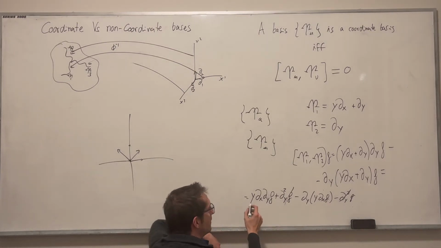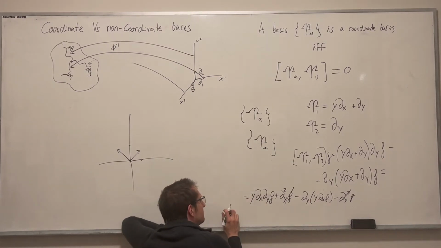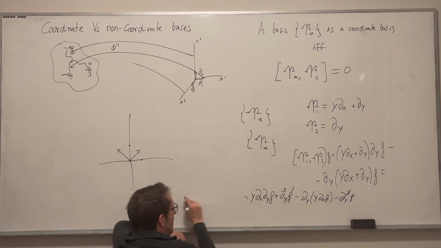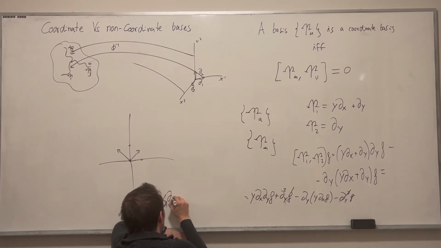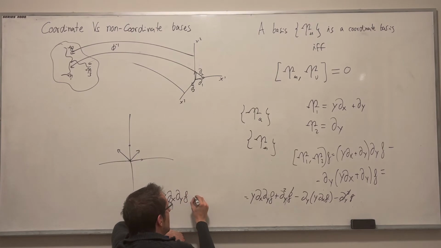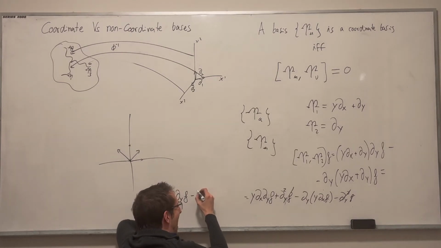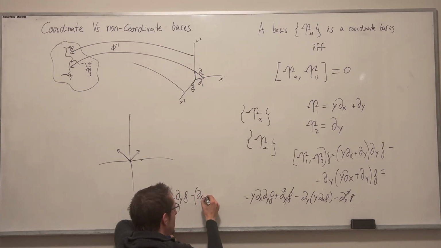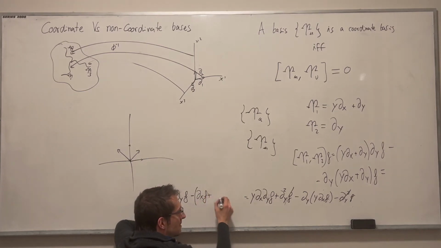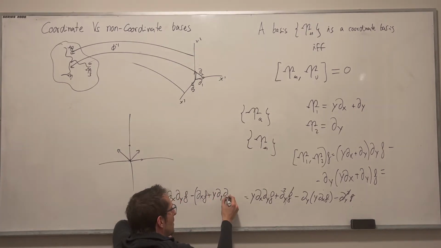Now, if I continue this way, the first term gives me y partial x partial y f, and the second one gives me, using the Leibniz rule, partial x f plus y partial x partial y f, right?